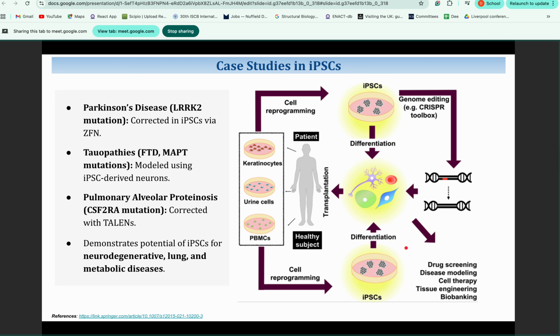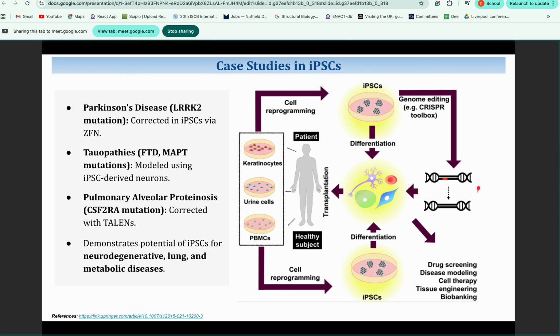And because these are pluripotent, they can get differentiated into different cell types. So both of them are getting differentiated, then we can transplant them back. But before this we can use genome editing strategies to edit these iPSCs. So in this case we have edited it, and in this case we have not edited it.